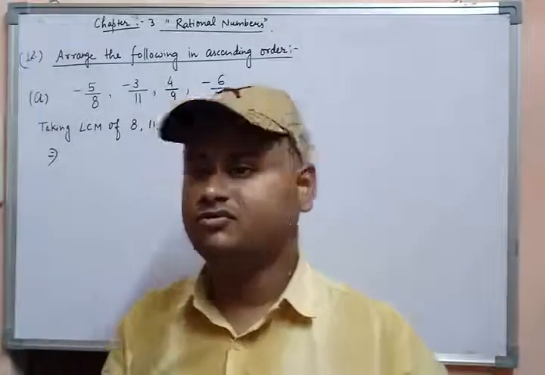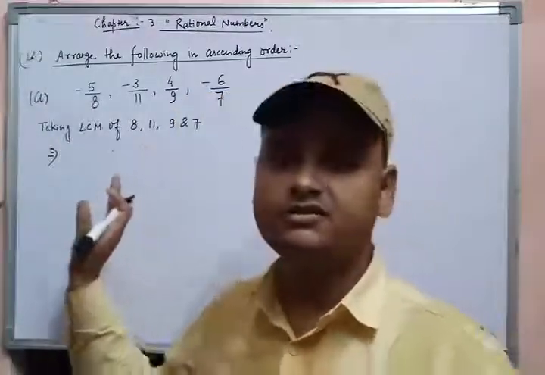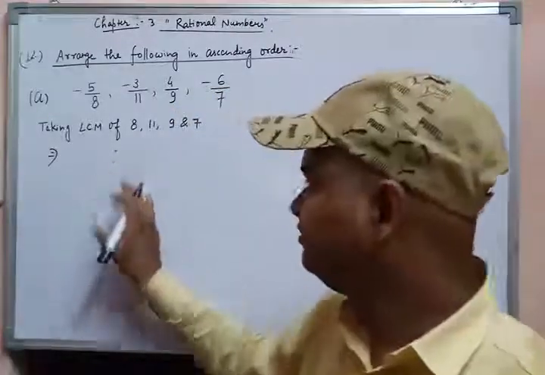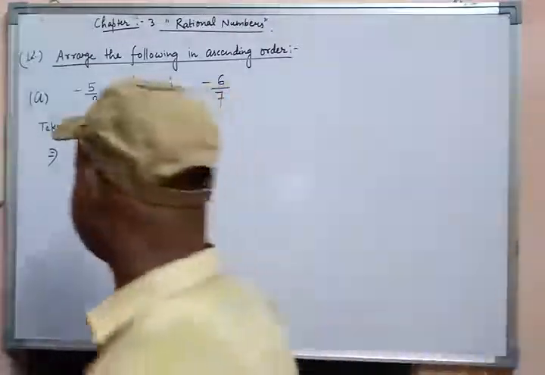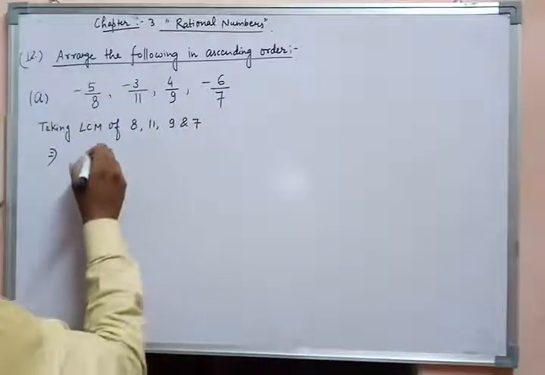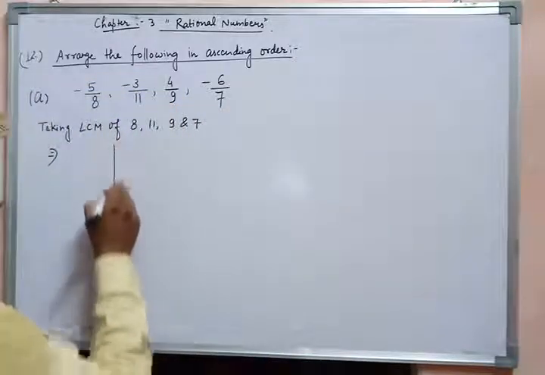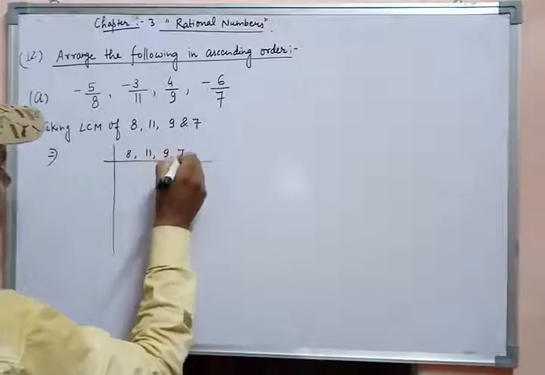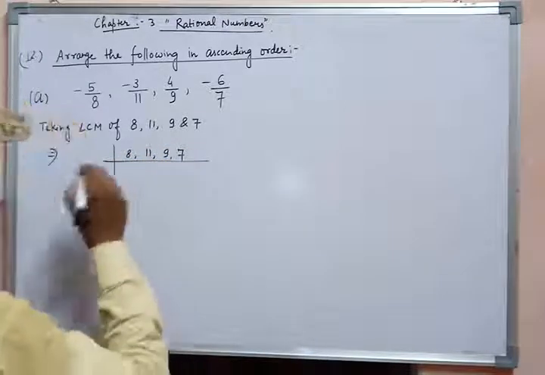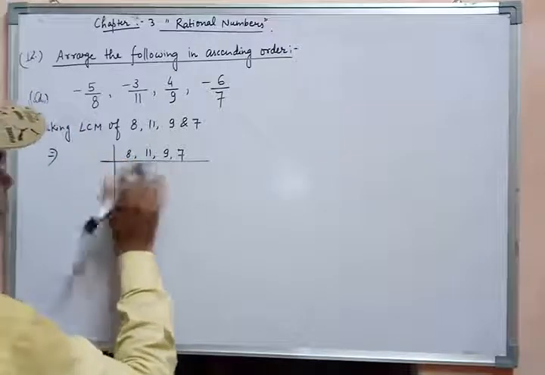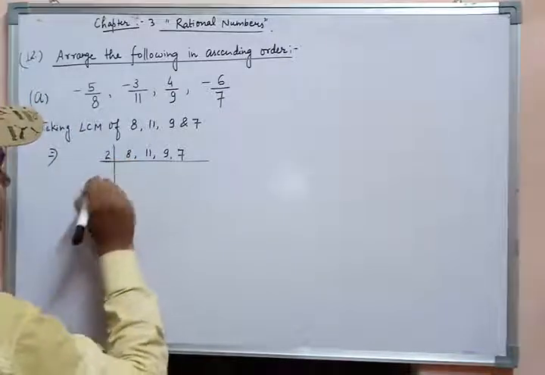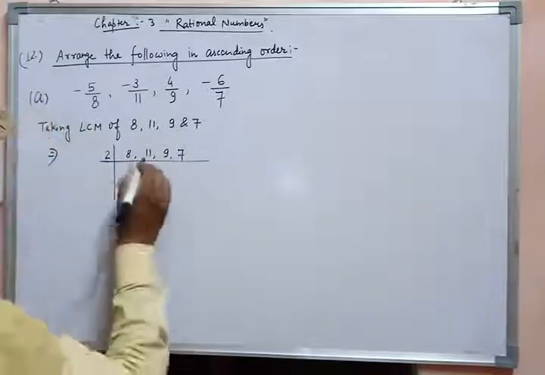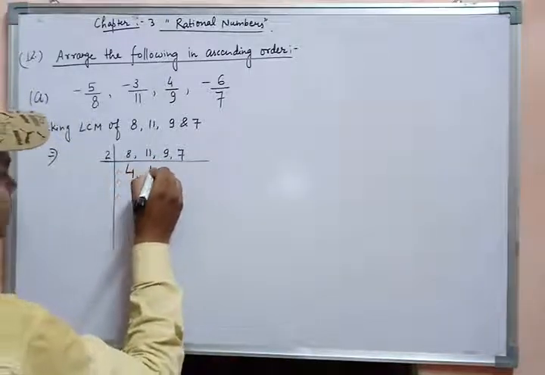So don't write this step in rough; you have to mention all the steps in your solution. Okay, 8, 11, 9 and 7. So first of all, in these numbers you have to check whether any number is divisible by 2. Yes, 2 fours are 8.